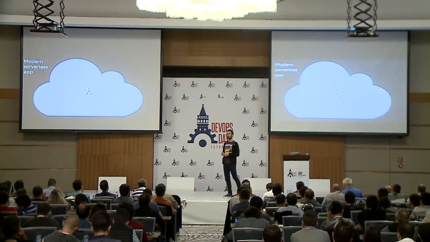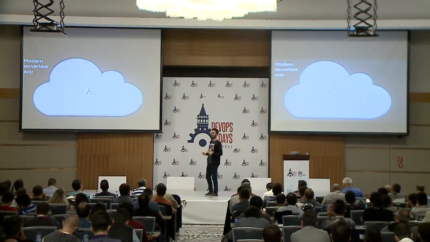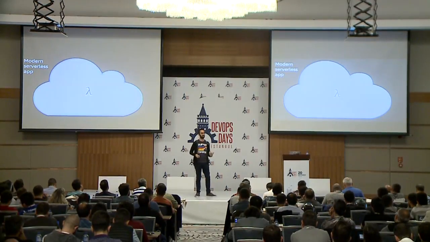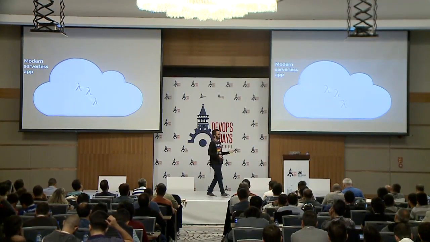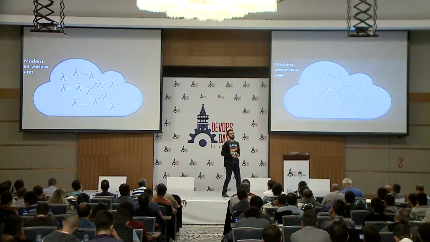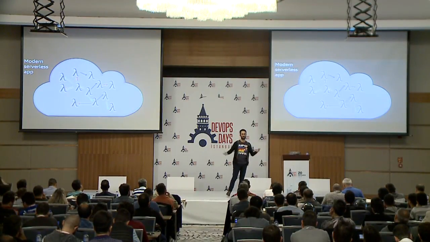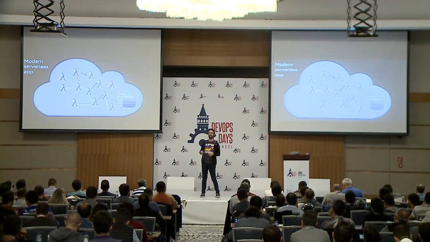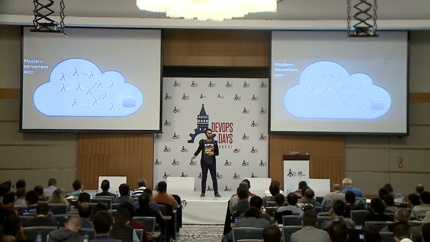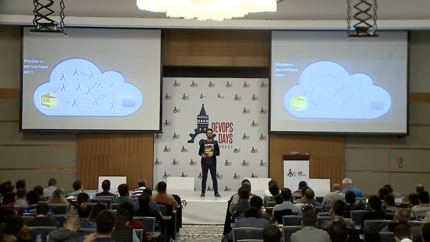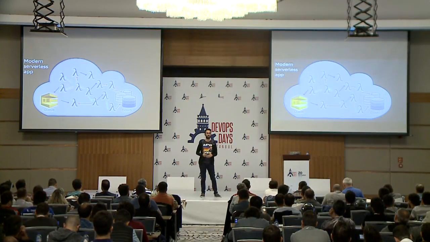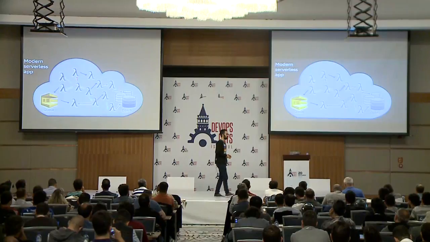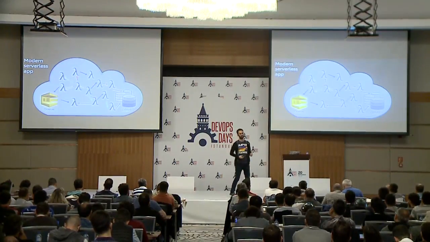And then you have the typical modern application world in which you don't have one function. Maybe you have 2 or 3, still doable. Maybe you have 20 of them, and they all talk to each other in a microservices fashion. And in that case, maybe some of them read or write to a database. Maybe some of them are invoked by a queue or by an API gateway or by any other trigger that I showed you.